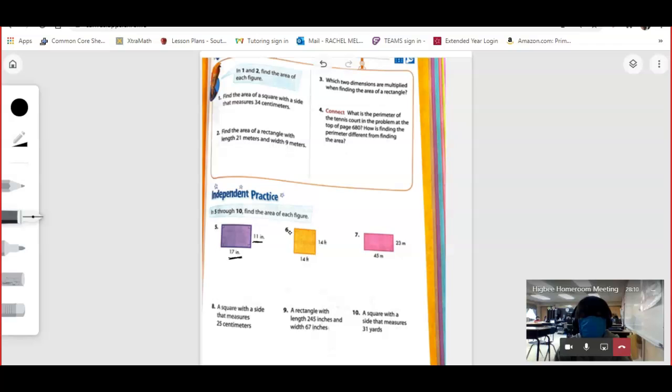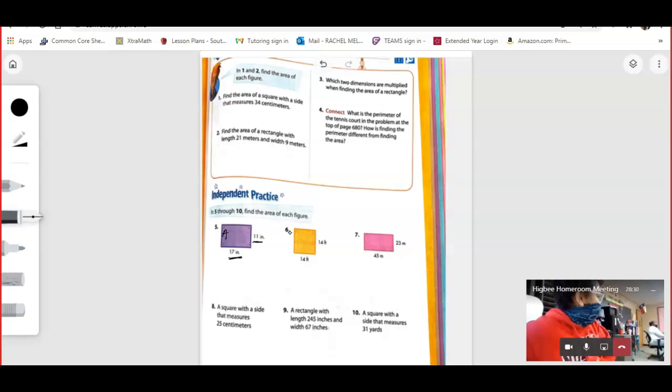All right, so everybody, without yelling, please, what's my unit of measure? Inches. So what is my formula that I need to use? Yes, the rectangle.